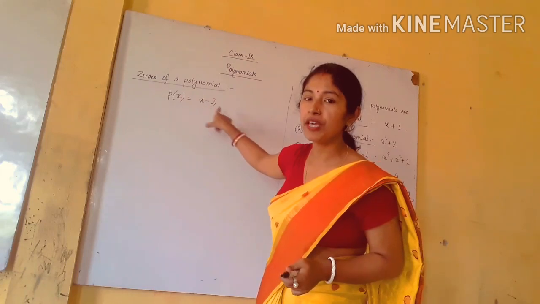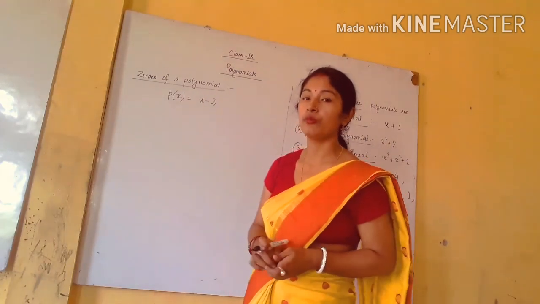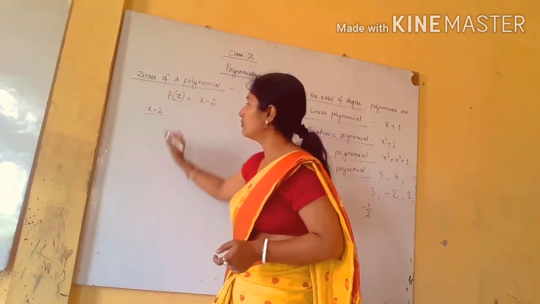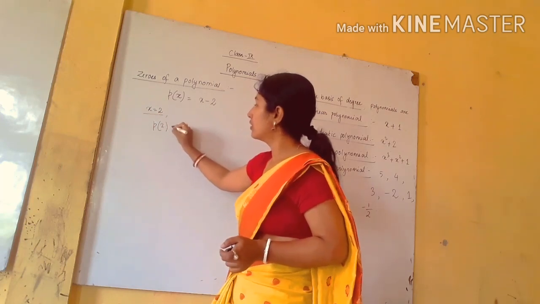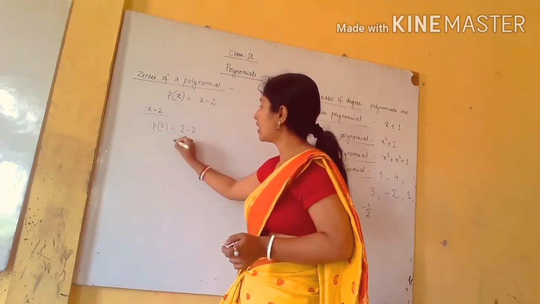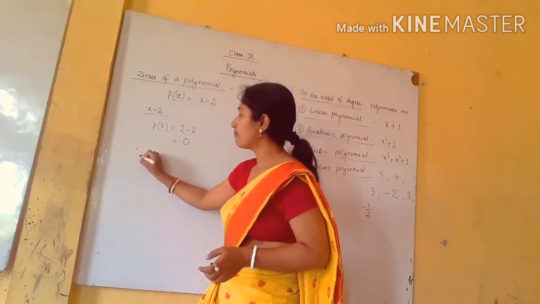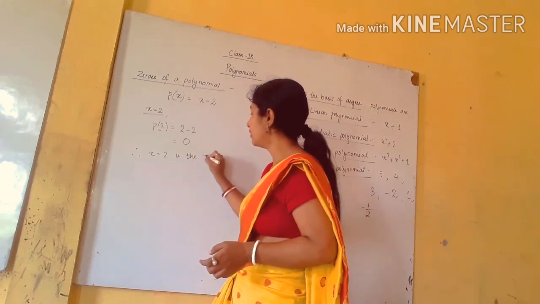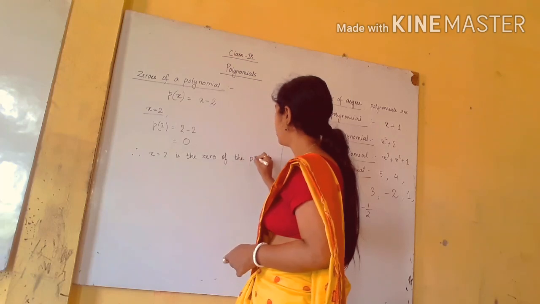The value of p of x becomes 0. So that will be the zero of this polynomial. When I put x is equal to 2, you have to write p of 2 is 2 minus 2, that will be 0.